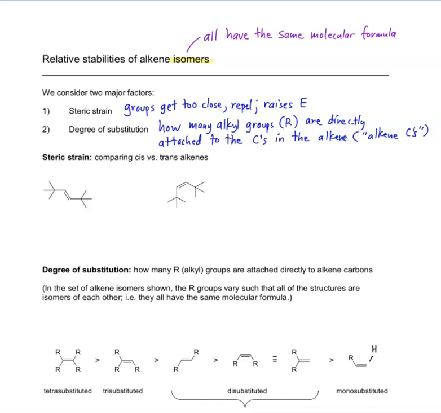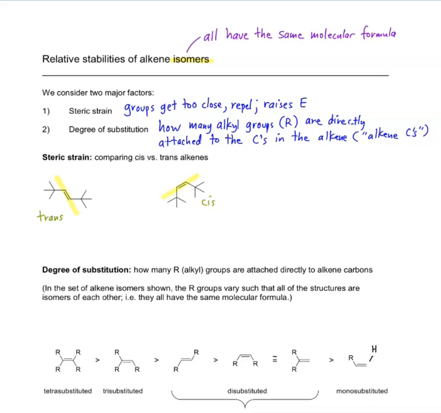Okay, let's look at steric strain first. This comes into play primarily when we're looking at the difference between a cis and a trans alkene. Remember, when we're making these comparisons, we always have to be comparing isomers. So the first example over here is the trans alkene, and this one over on the right is the cis.